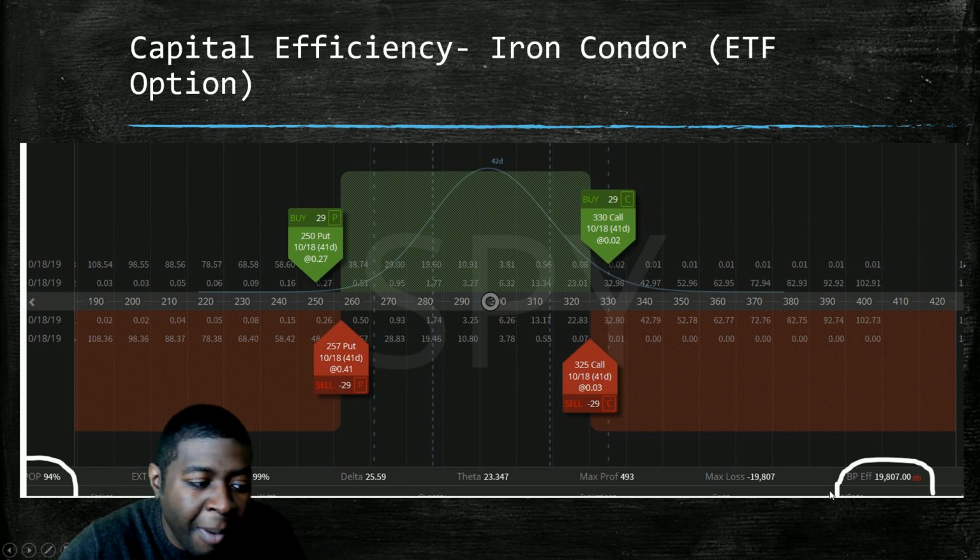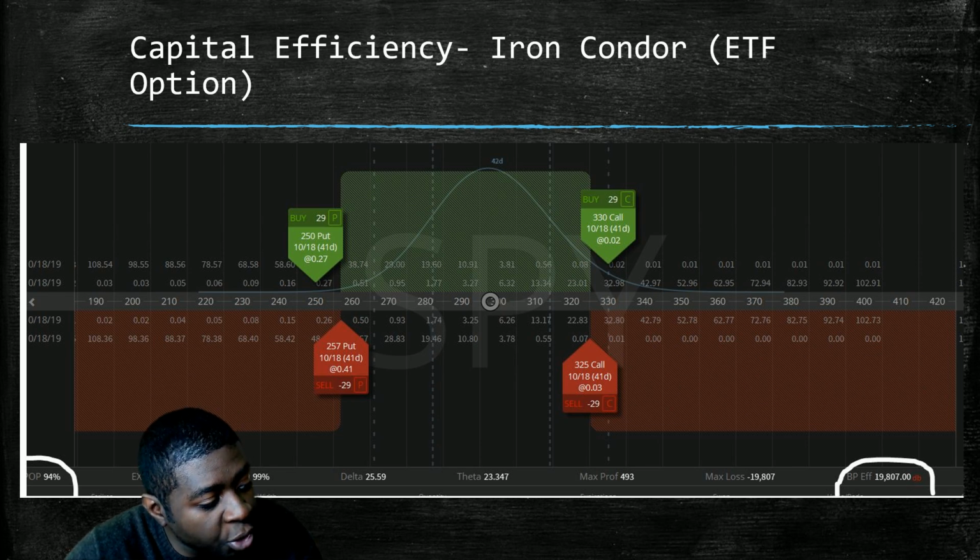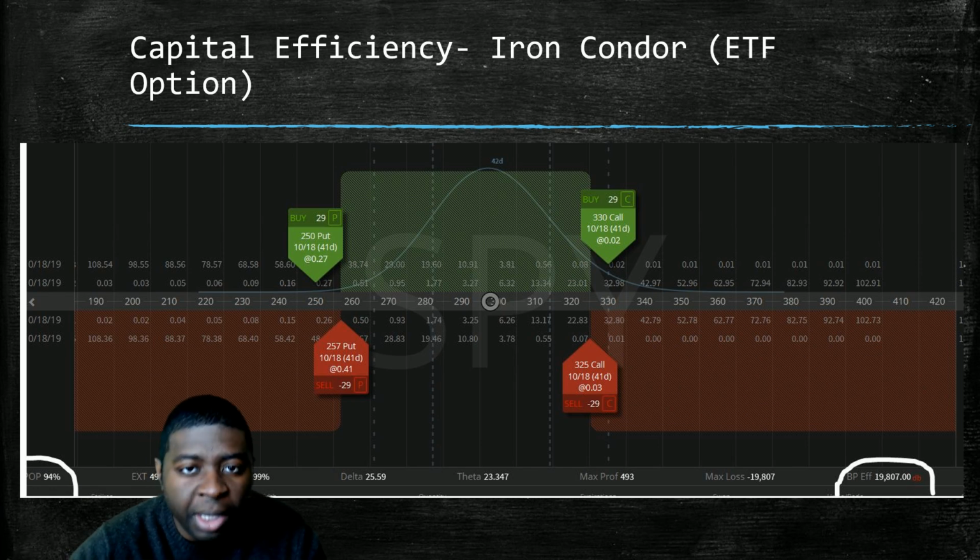But look at the amount of required capital it takes to do this trade, significantly more than what it would take for you to do this on a futures options trade. Again, still enjoying that 94% probability of success, but requires significantly more capital.